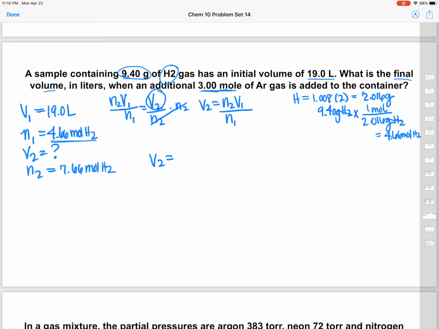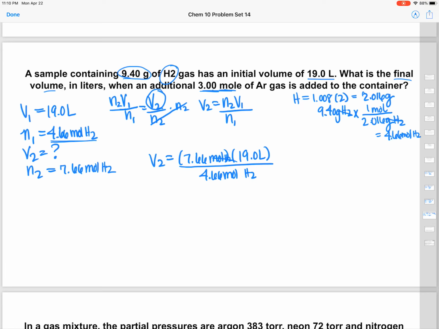Let's plug everything in. V2 equals our N2, which is 7.66 moles, times V1, which is 19.0 liters, over N1, which is 4.66 moles of H2.